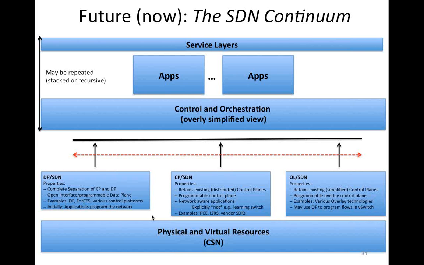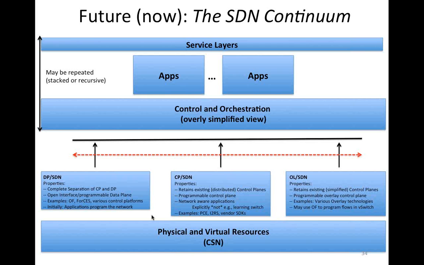I'll call the first one data plane SDN. This is the OpenFlow SDN model, but there are other things you could use for the OpenFlow piece of it, like ForCES. So here you get complete separation of the control plane and the data plane, and open, programmable interfaces to the data plane. Initially the idea was applications are smart, they'll program the network, but people have really backed off on that because that's not a scalable thing.